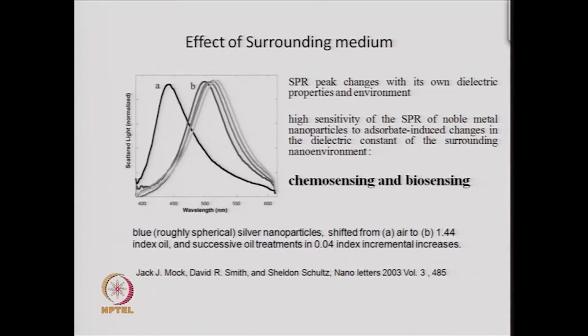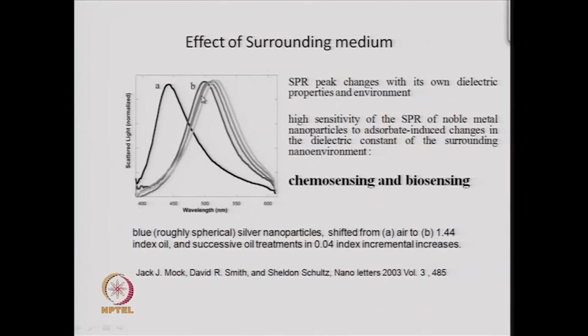So, this is a shift of 60 nanometers by changing the environment from air to a liquid with a refractive index of around 1.44. If you change the refractive index of the medium from 1.44 to 1.48, you will get the next plot, and like that there is a continuous shift in the maxima of the absorption due to the surface plasmon resonance by the change in the environment.